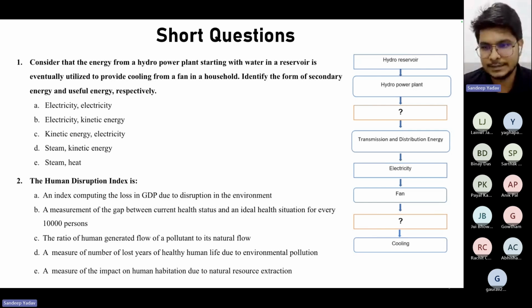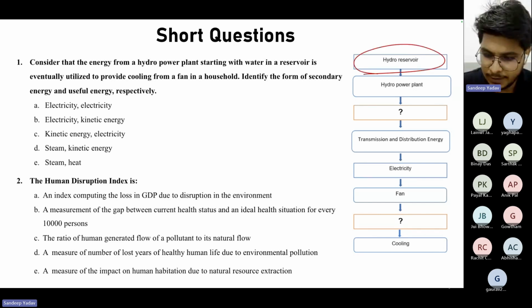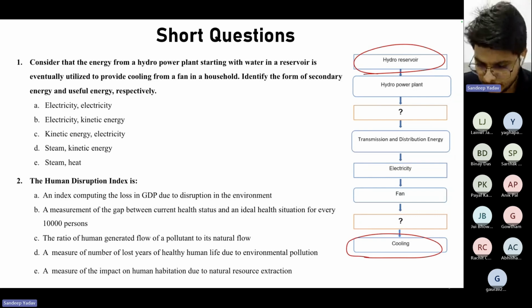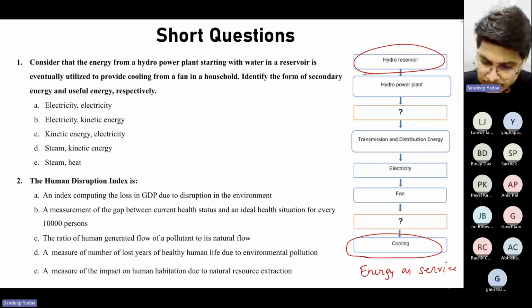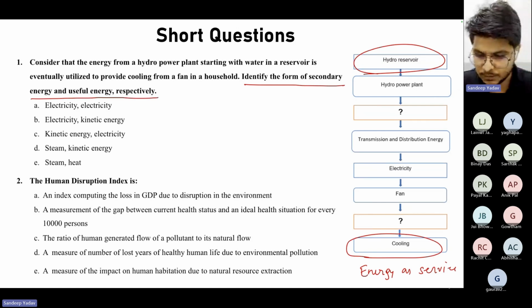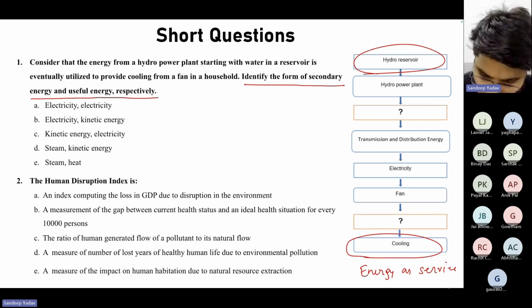We're using it for generating electricity, and the final end use is energy as a service, which we are getting as cooling. So the hydro reservoir is the form of primary energy.